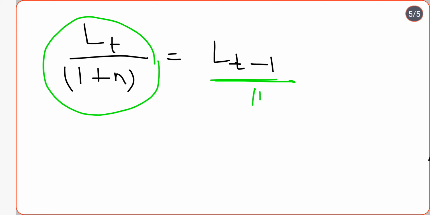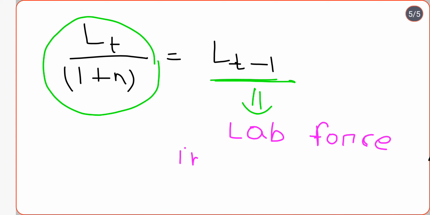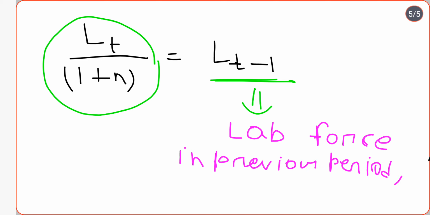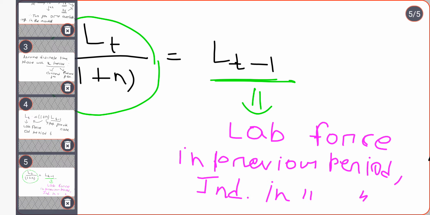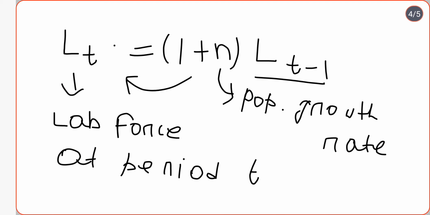And Lt is the labor force, or individuals, at period t.